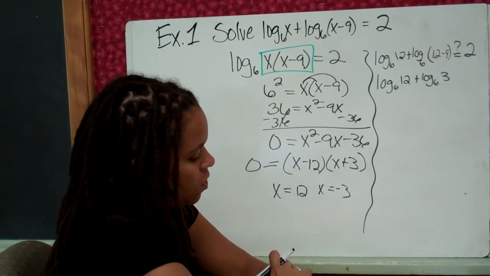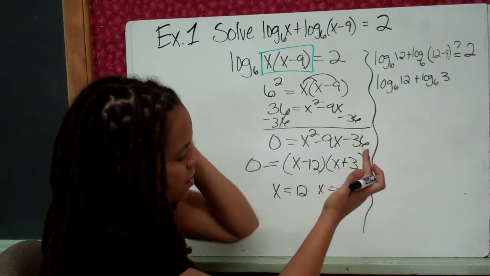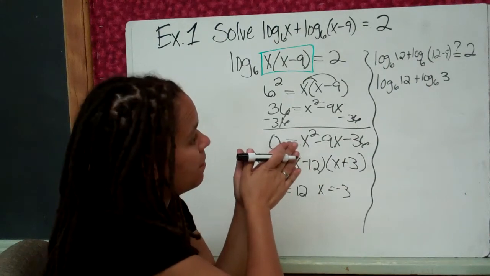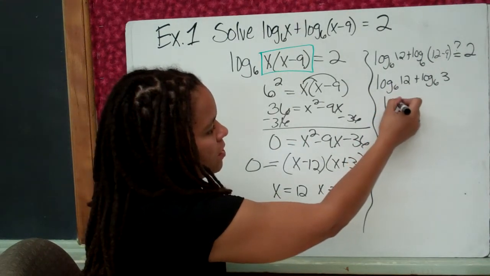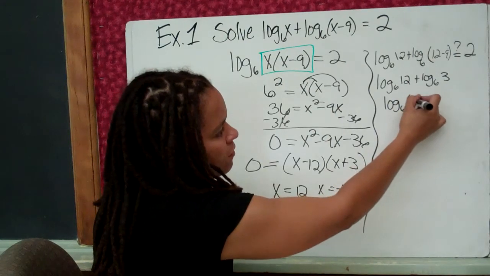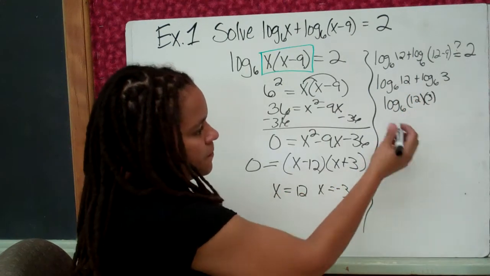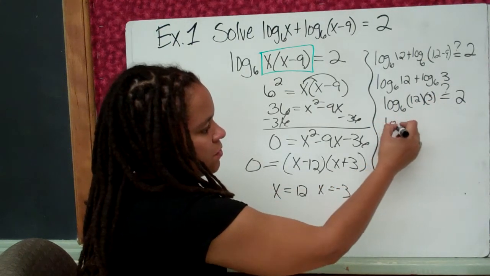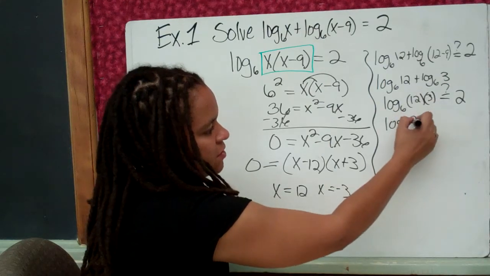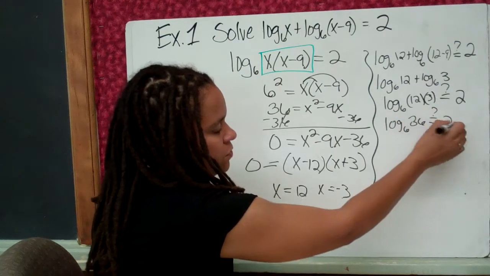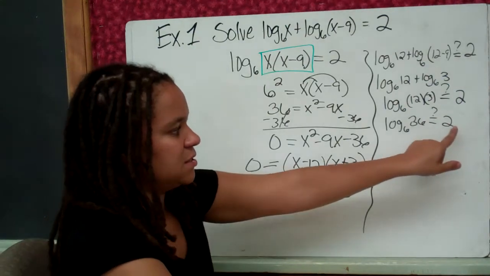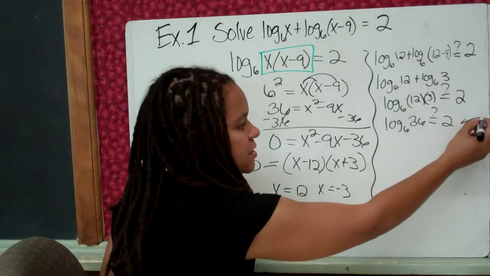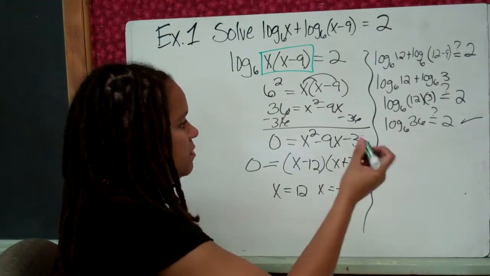Is that equal to 2? Well, remember, if they are added, then we can put them together and multiply. So this really means log base 6 of 12 times 3. Is that equal to 2? That's what we're trying to figure out. 12 times 3 is 36. Does log base 6 of 36 equal 2? Yes, 6 to the power of 2 is indeed equal to 36. So this does work.